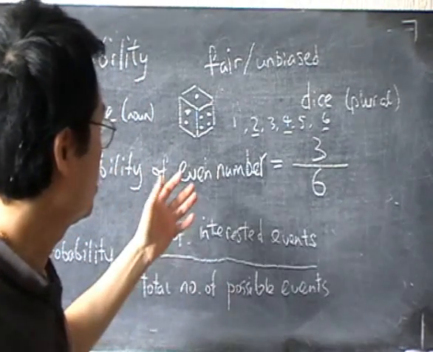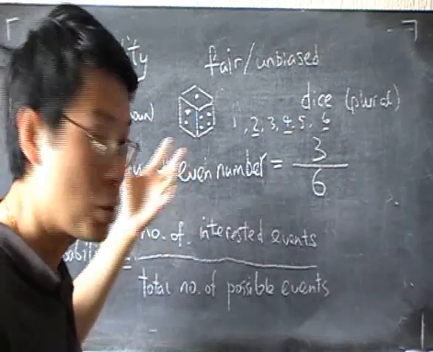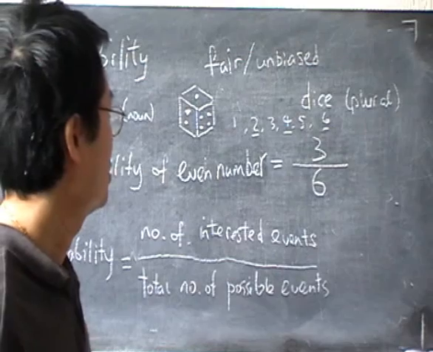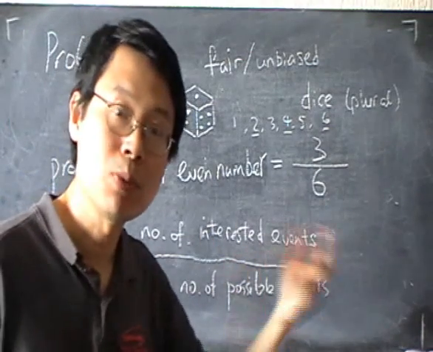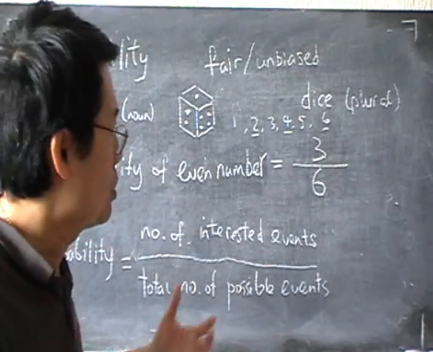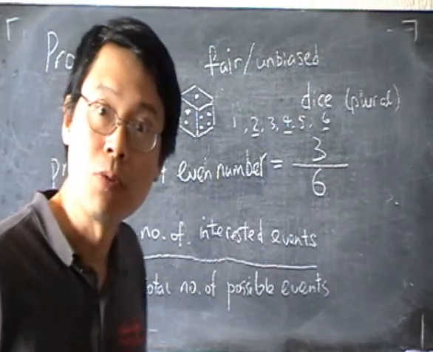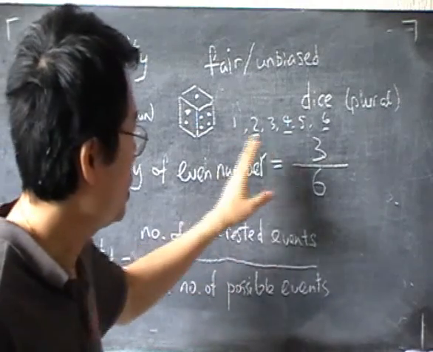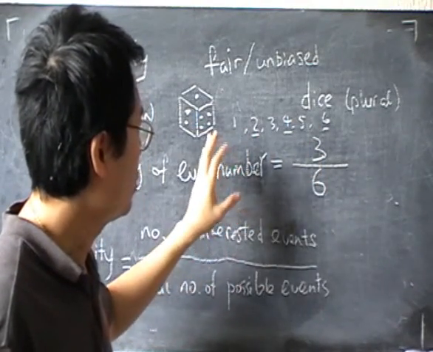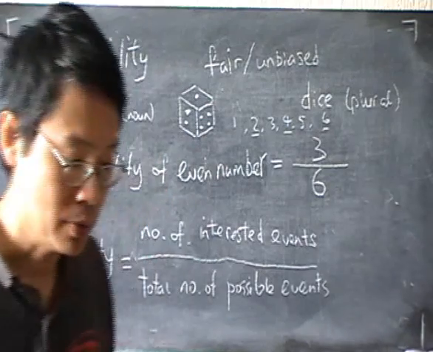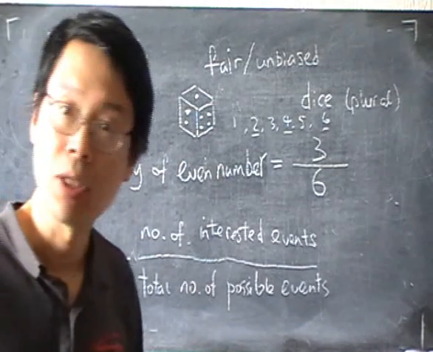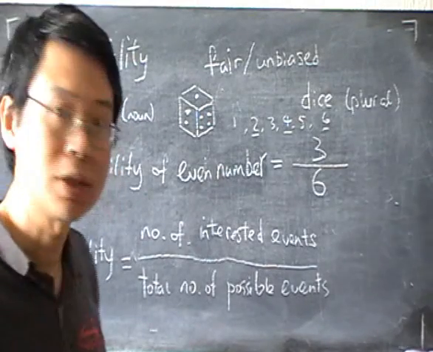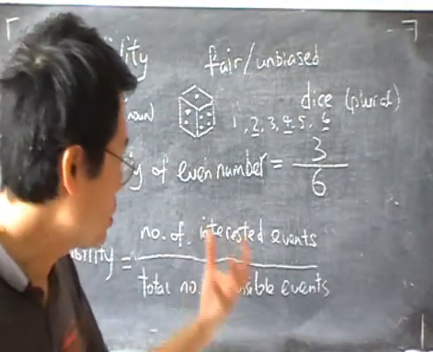For example, if you want to talk about how likely you can get an even number when you toss a die, it is probably obvious to you that because there are 3 even numbers and 3 odd numbers on a die, it's equally likely.